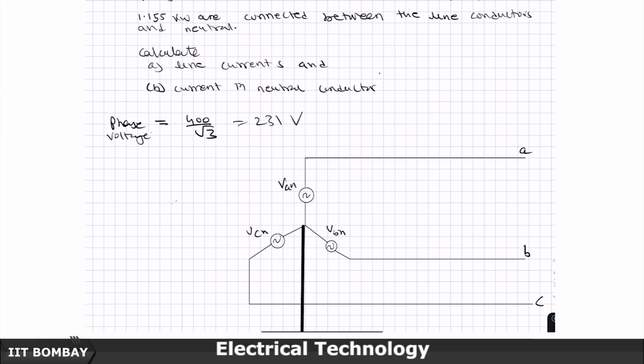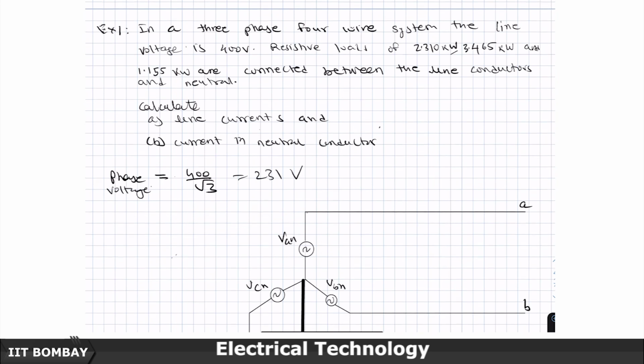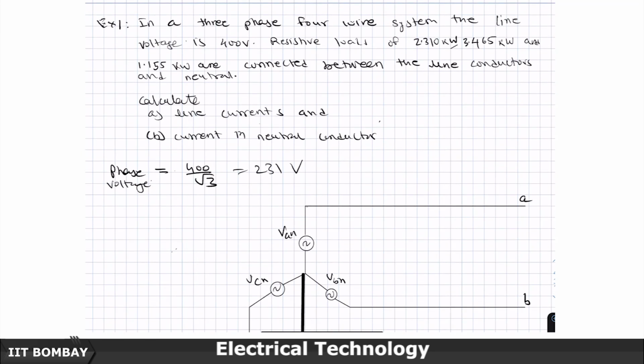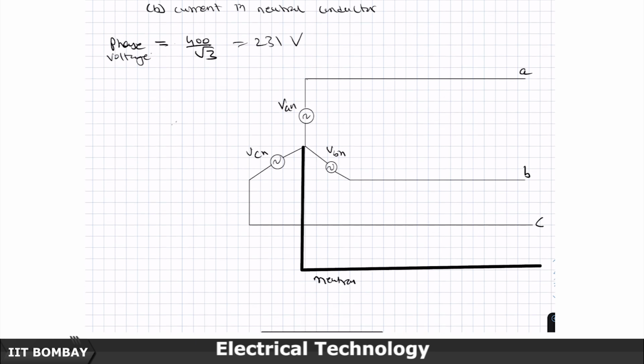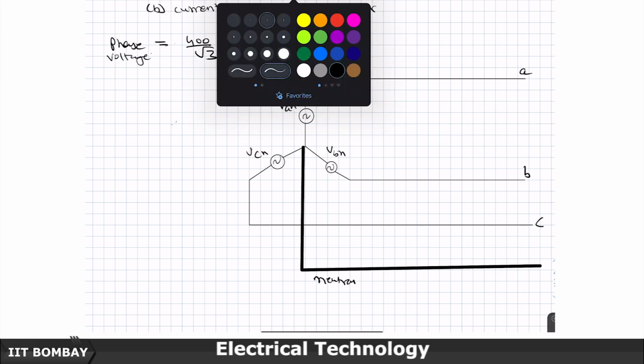Now, you are given 3 resistive loads from A phase to neutral, B phase to neutral and C phase to neutral, connected between line conductors and neutral. So, let me draw the loads.